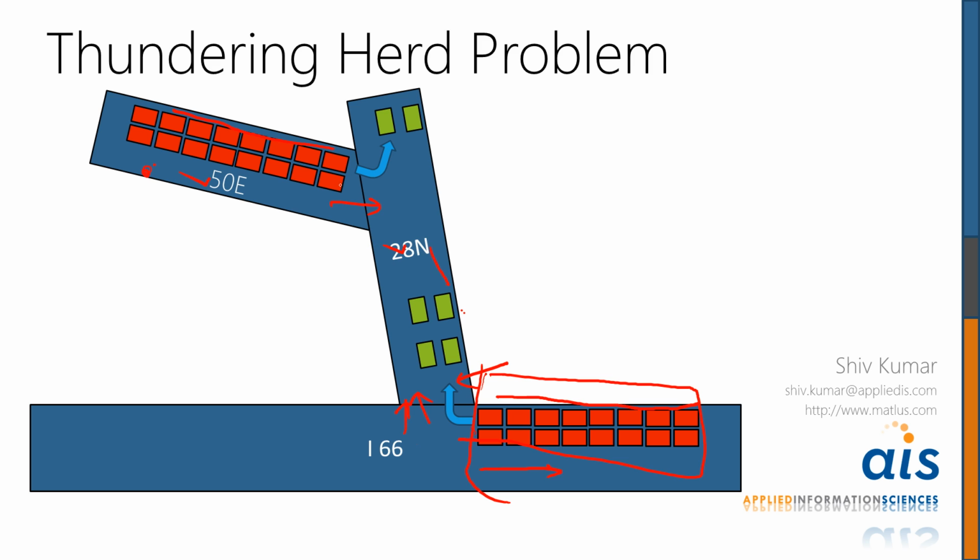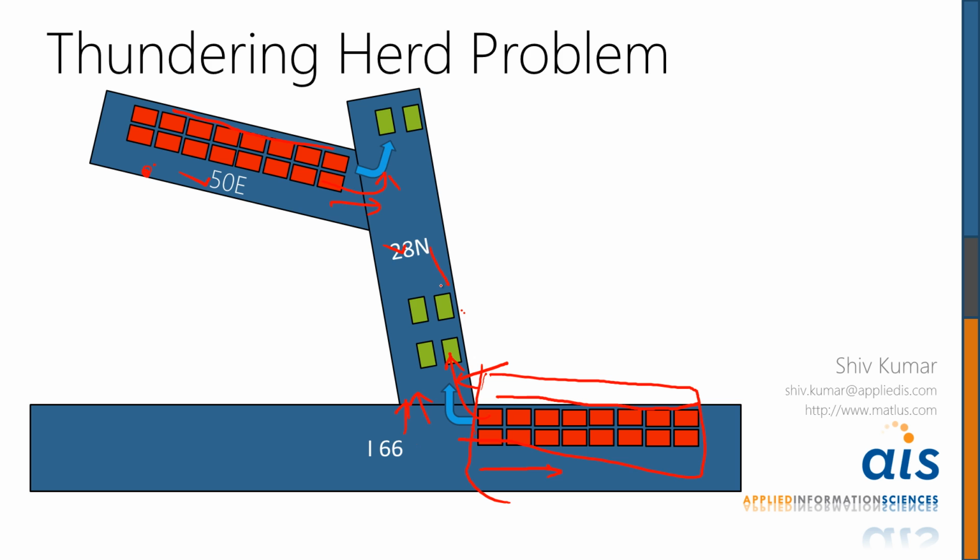So now what would happen if the road work on 50 completed and suddenly Route 28 gets a blast of traffic coming in from 50, which was originally not seen by Route 28. Similarly, if they fixed the light here on Route 28, you suddenly see a blast of traffic coming in from 66 onto 28.